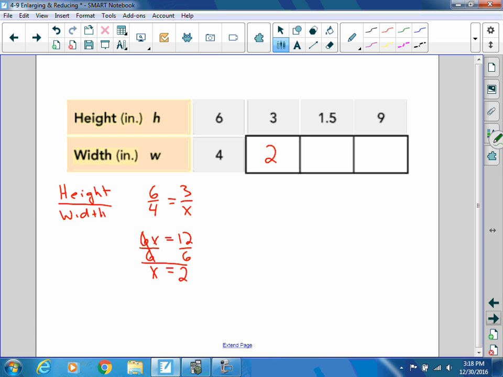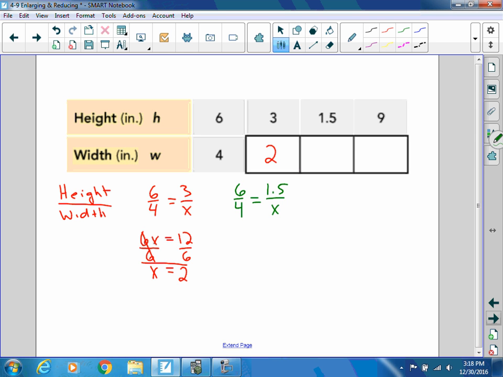Okay? Now for the second one that we don't know, the one that has the height of 1.5, same thing. I'm still going to use the 6 over 4. And I could use the 3 over 2, but I'm going to choose to use the 6 over 4 because that's the one that was given to me. So I know that that one is true. Okay? So same thing here.